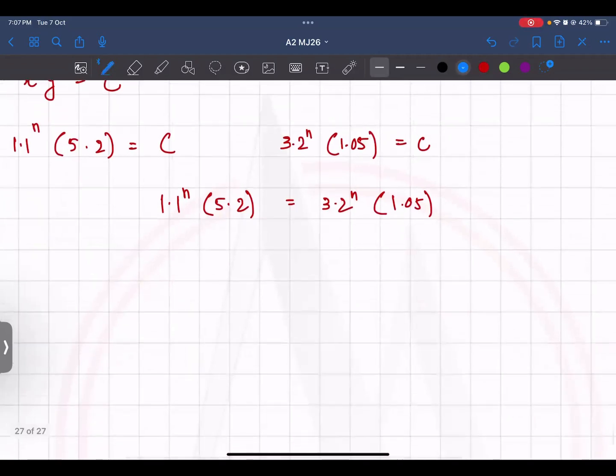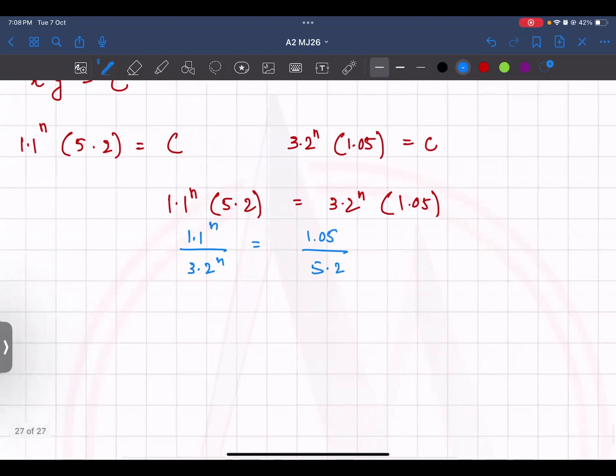And then what can you do? 1.1 power n divided by 3.2 power n is equal to 1.05 divided by 5.2. And now you can combine them as well. 1.1 divided by 3.2, using rules of indices, to the power n, and 1.05 divided by 5.2.